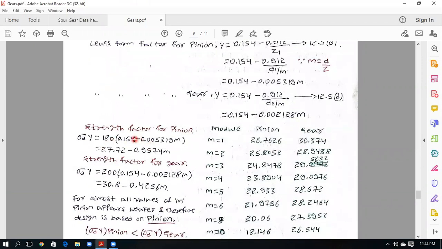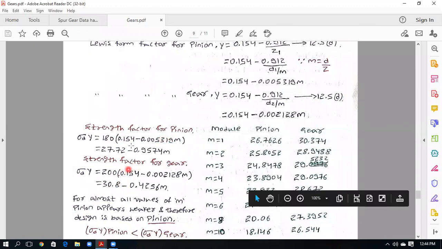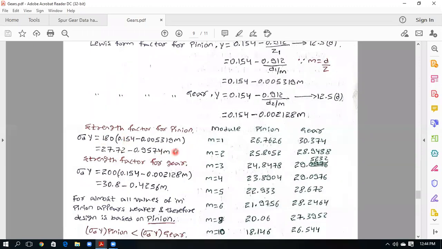Substitute that. This is the Lewis form factor for the pinion. Similarly, take this 180 inside the bracket. In this case, you'll not be getting a value because m is unknown. Give it like that only.